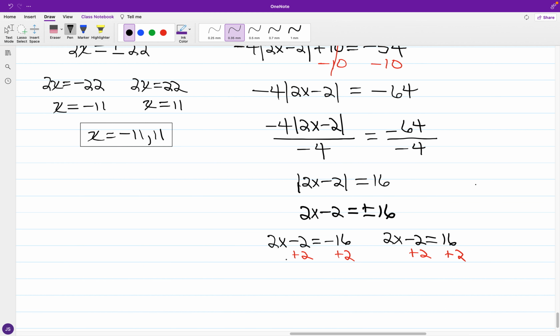For the left hand side we have 2x, and where we have negative 16 plus 2, that will be negative 14. For 2x equal to negative 14, we have x is equal to negative 7.